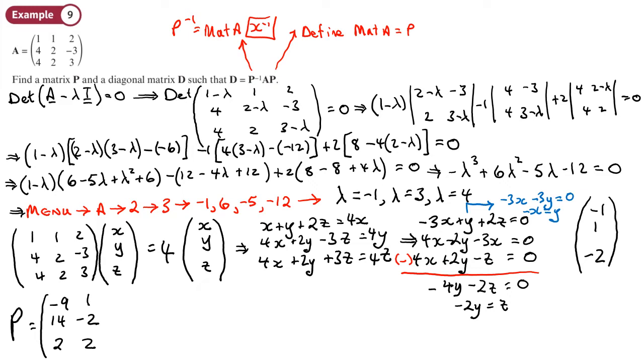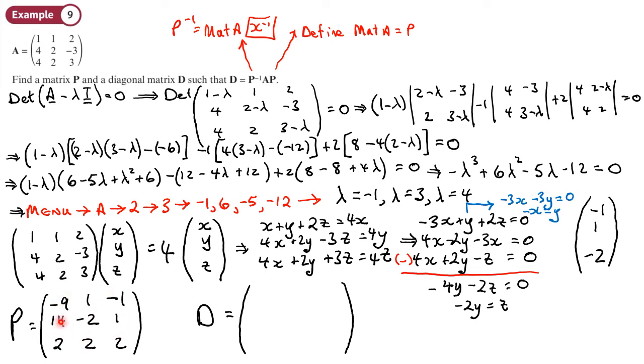So this now is the last column of P. So negative 1, 1, 2. So that's the first part, isn't it? We found what P is. Now we know what D is going to be. D is going to be the diagonal matrix where the leading diagonals are the eigenvalues in the same order as I've done them here.